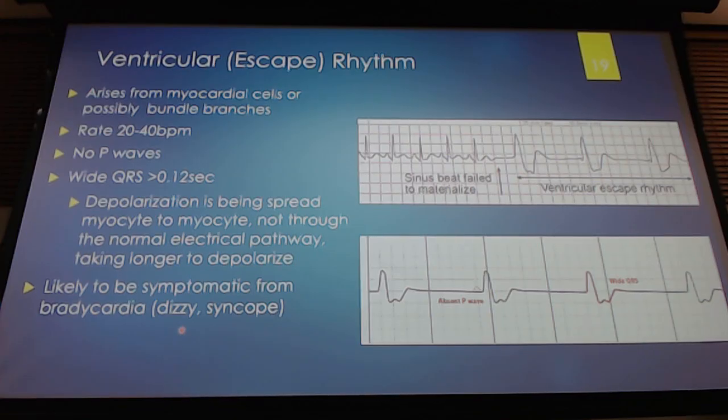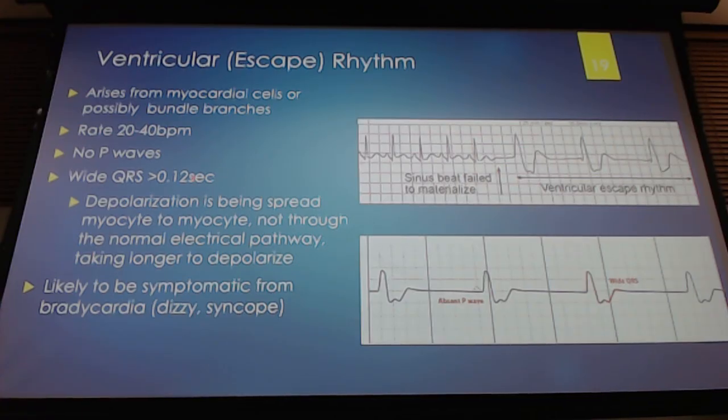Now, the main difference between a ventricular rhythm and a junctional rhythm is that rate and the QRS complex. Because it's coming from the ventricles, we typically are not using the electroconduction pathways, oftentimes myocyte to myocyte, and so you're going to get widening of that QRS complex.